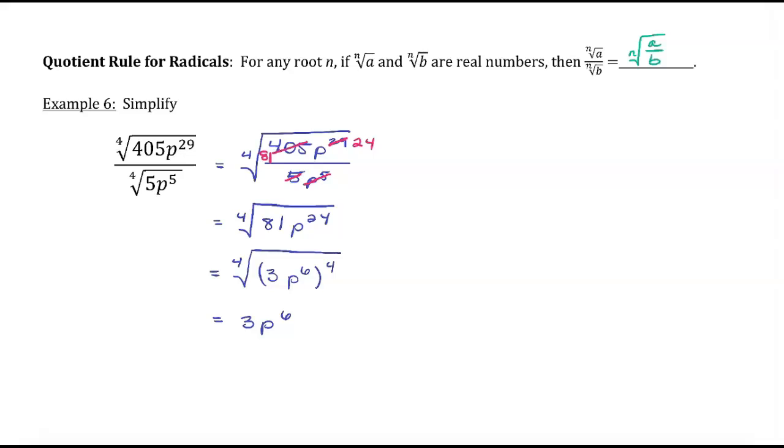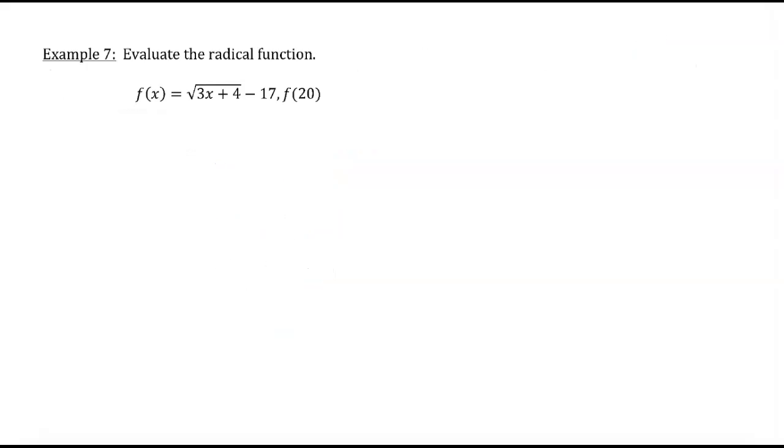Now let's take a look at a radical function. In example 7, we need to evaluate the radical function f of x when x is equal to 20. That is, we need to find f of 20. In order to find f of 20, we need to substitute a 20 for the x inside the square root. So we have the square root of 3 times 20 plus 4, then minus 17.